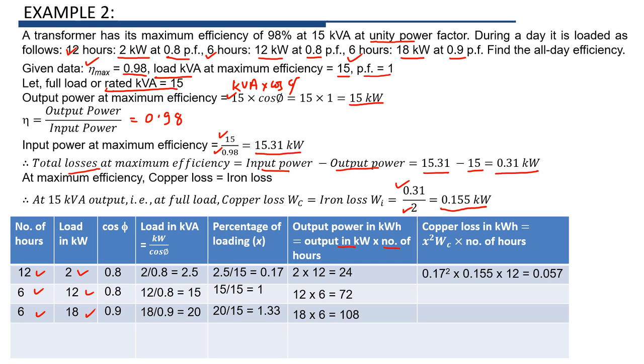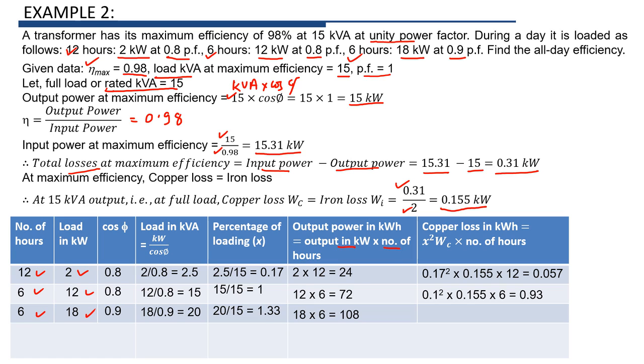So it is 0.17 square into 0.155 into 12, which is equal to 0.057. Then in the next time slot X is equal to 1. So 1 square into 0.155 into number of hours, these are 6. So it is equal to 0.93.